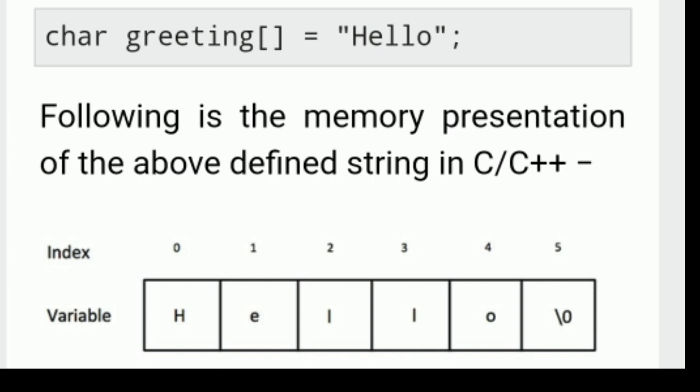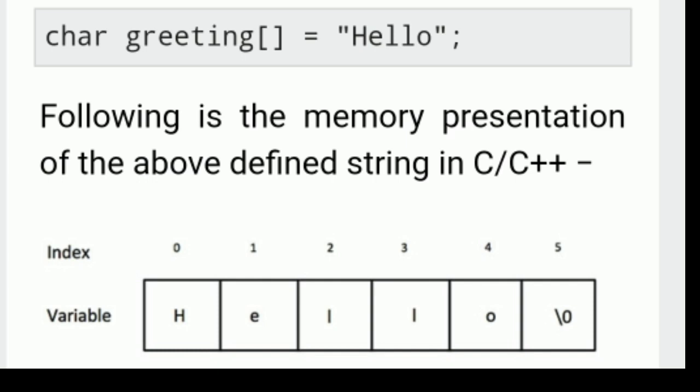Actually, you do not place the null character at the end of the string constant. The C compiler automatically places the backslash 0 within single quotation marks at the end of the string when it initializes the array.